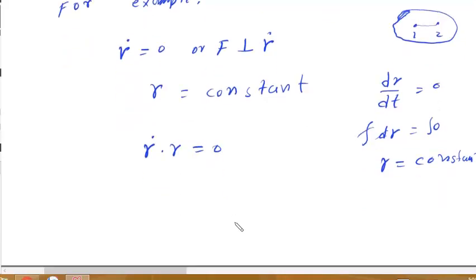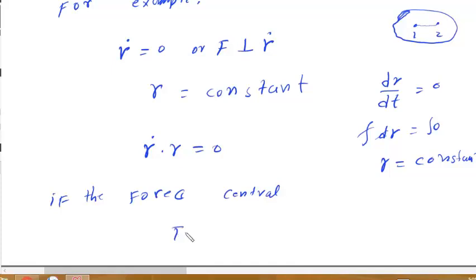If the force is central, then it is in the same direction as r.